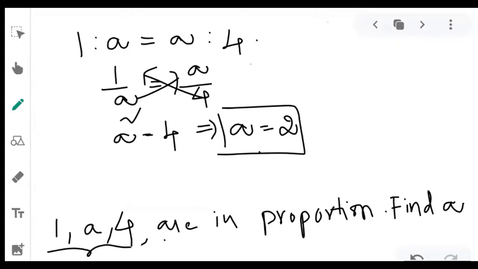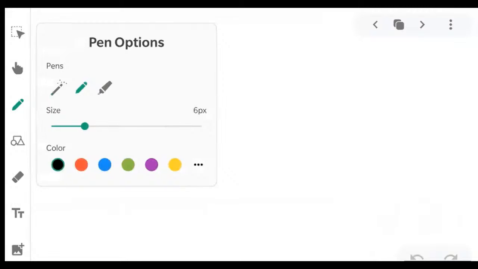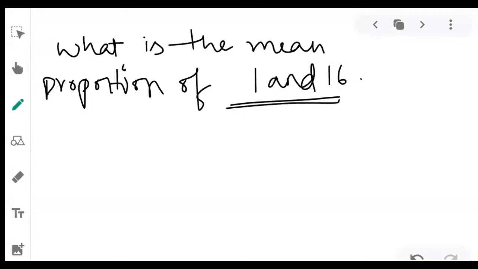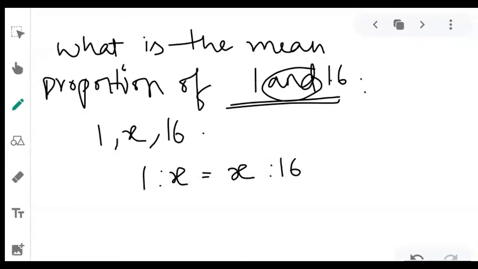Okay. Again, we'll see another method of phrasing this question. What is the mean proportion of 1 and 16? That means again you should assume one value between 1 and 16 and write this notation as 1 is to x is equal to x is to 16.